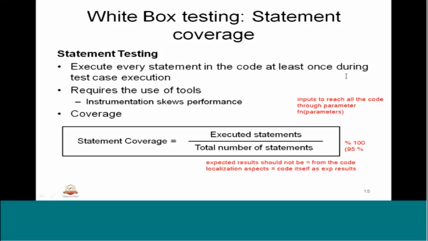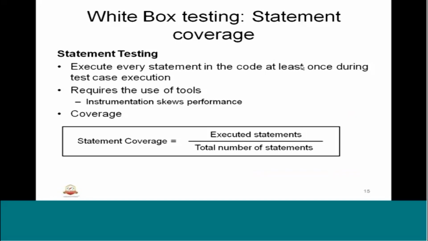So for whatever that 5% of not covered statements, we may have to do additional testing. So additional testing could be with the help of code inspection or analysis, whatever it is. Those will be used for achieving the 100%. Sometimes some statement in the code may lead to an interrupt, and that interrupt may not be achievable with the help of instrumentation or some register checking or register operations.